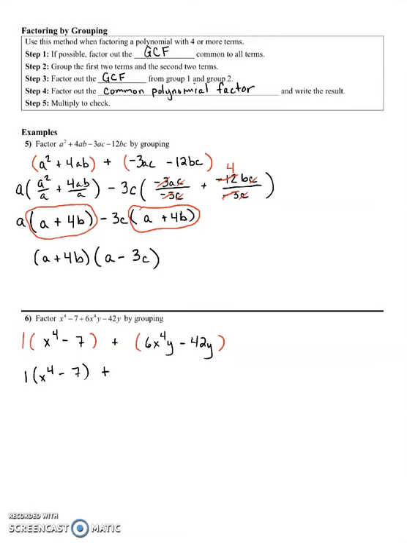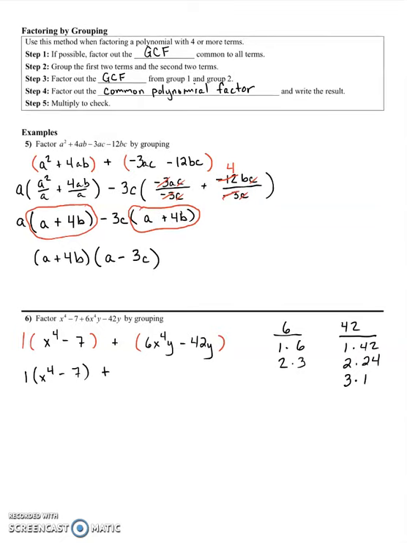Now the second one, let's see, let's do our numbers. We have 6 and we have 42. So 6 is 1 times 6 or 2 times 3. 42 is 1 times 42, 2 times 21, 3 times 14.